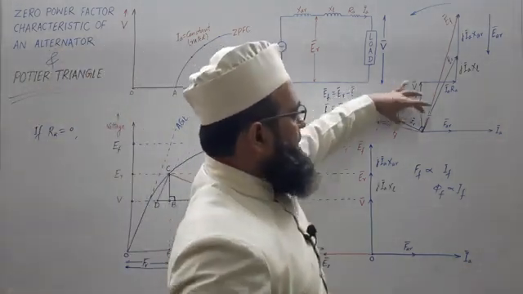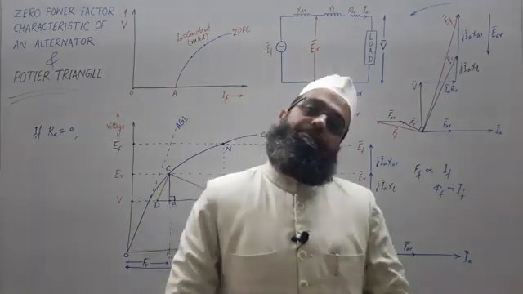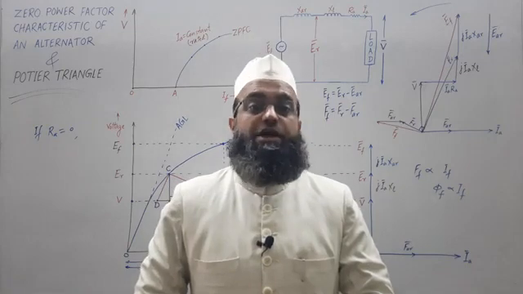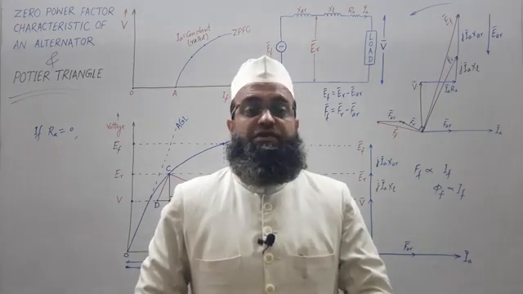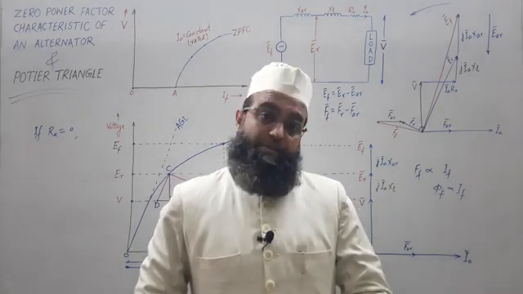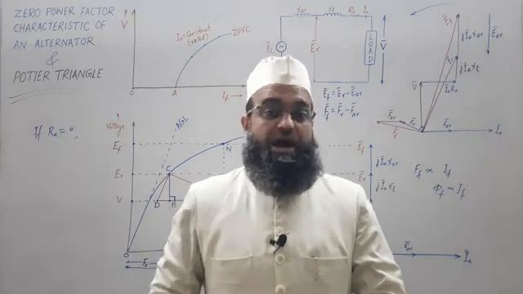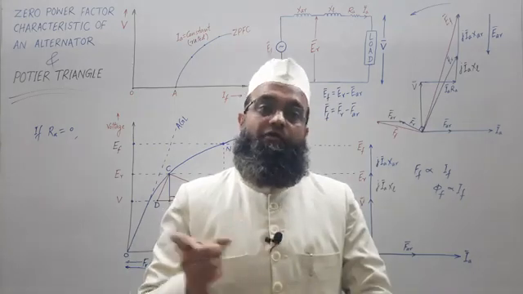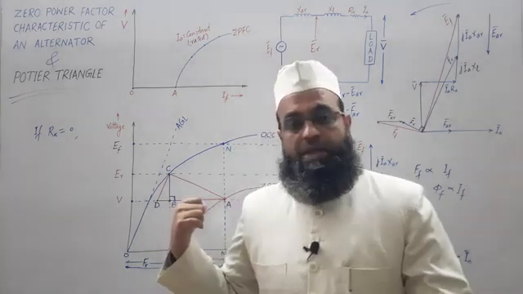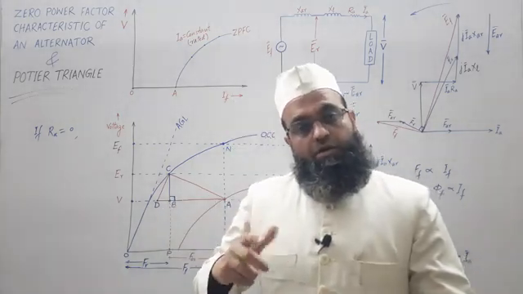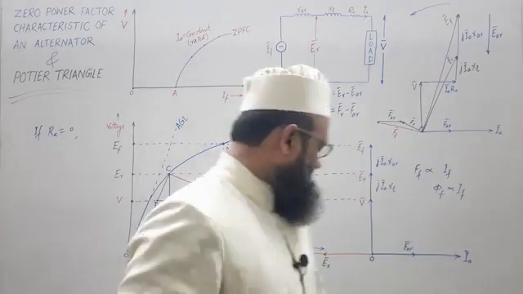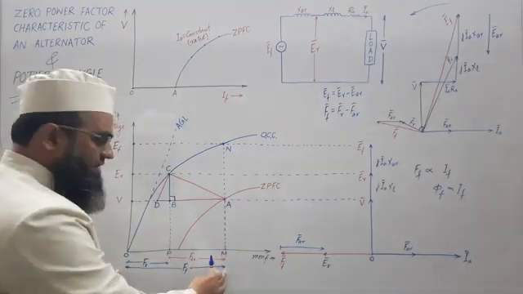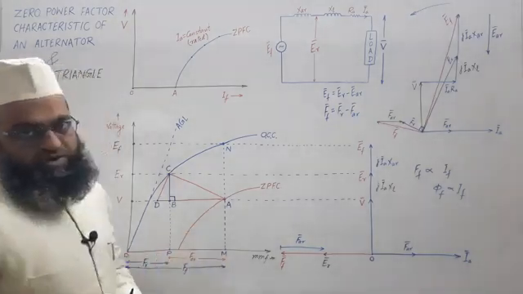This FAR is the armature reaction MMF, because once load is connected, armature currents start flowing and the corresponding armature reaction MMF will exist in the air gap. At no load, in the air gap only one MMF was there, that was field MMF FF. Now two MMFs are there, FF and FAR, main field MMF and armature reaction MMF.